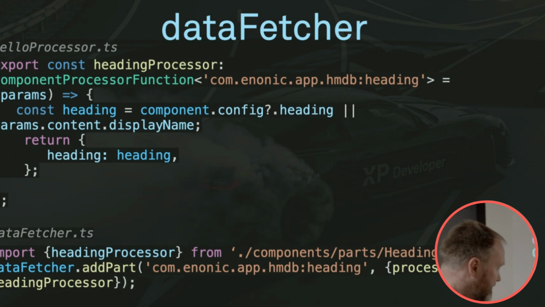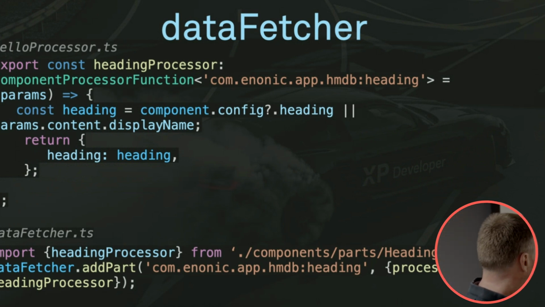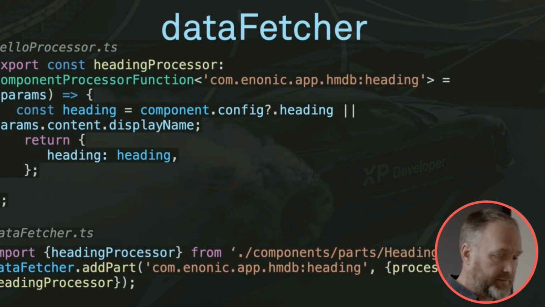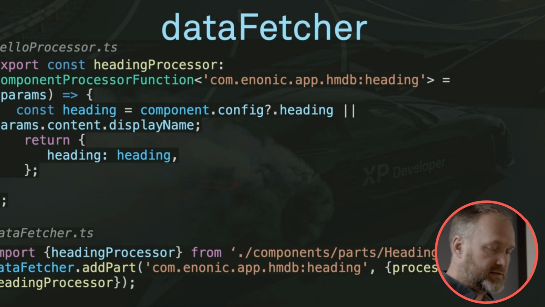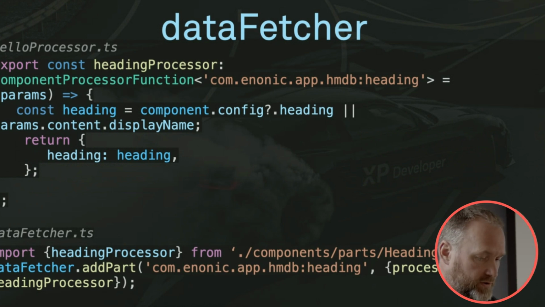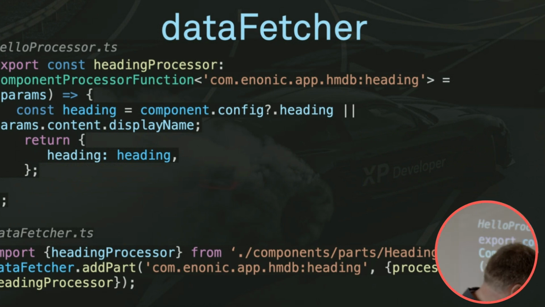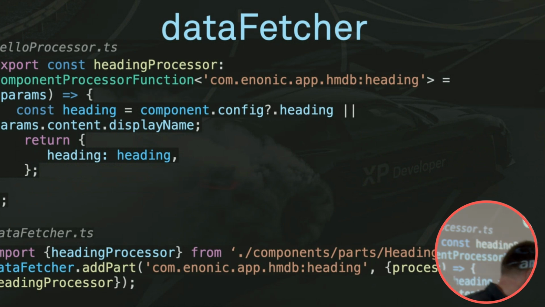And then the second part is you have to also register it. So when you register it, you will tell it's the heading processor here we want to register. And it will then take the file, get the heading processor, and register it, and say it will work for the part called com.enonic.app.hmdb.heading.